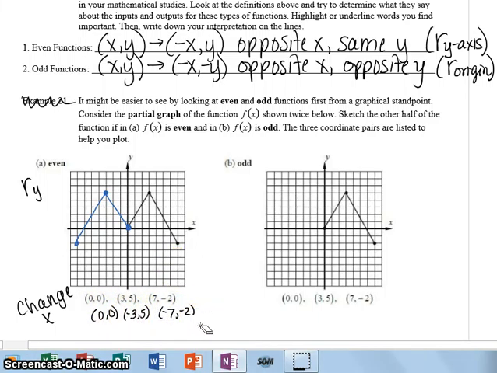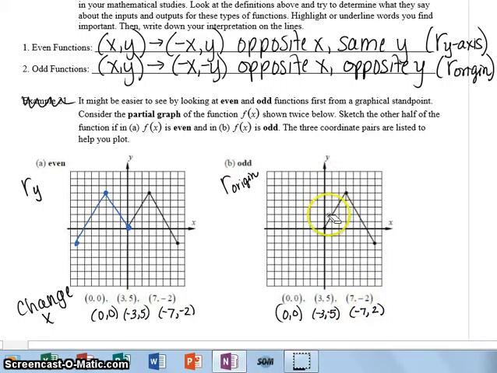That is an even function. An odd function is a reflection through the origin, which means you have to change both signs. So something easy to do, 0, 0 can't change, that stays. This becomes -3, -5. This one becomes -7, +2.